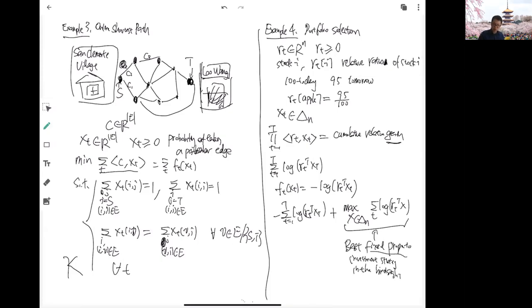Okay, so notice that this is a log transformation of the total return. Suppose you know which fixed proportion of your asset to allocate to each stock at the very beginning, and then this is what you will end up getting. Notice that this doesn't mean that you don't have to buy or sell at all.